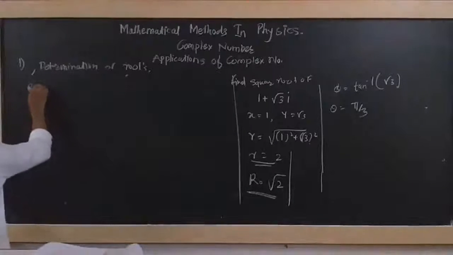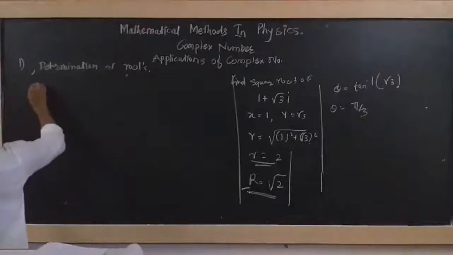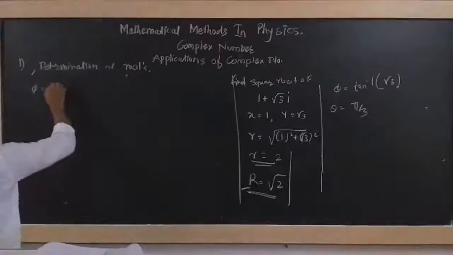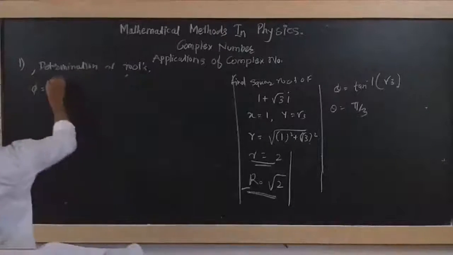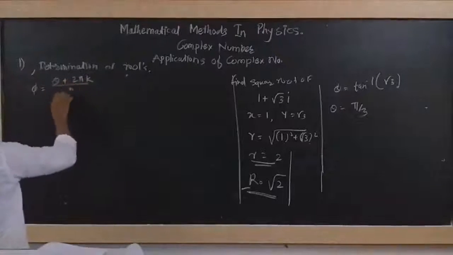Now we want to find out capital R, which we already found here, and we want to find out phi, which is equal to theta. Let me write down the formula: theta plus 2 pi k upon n.